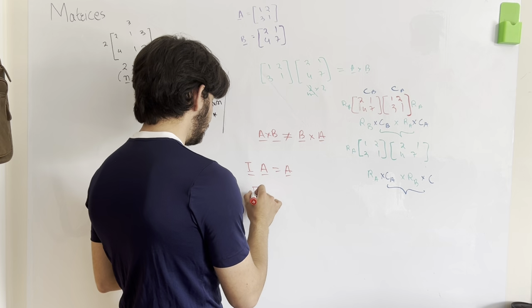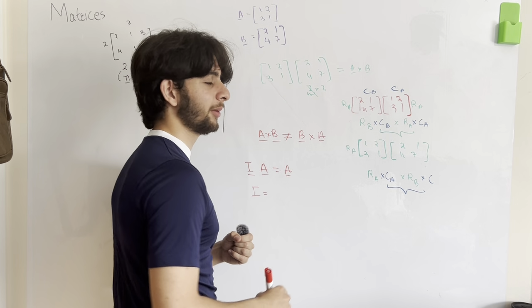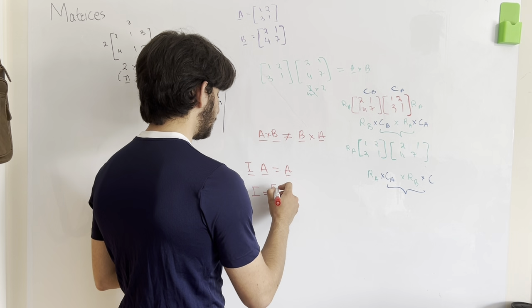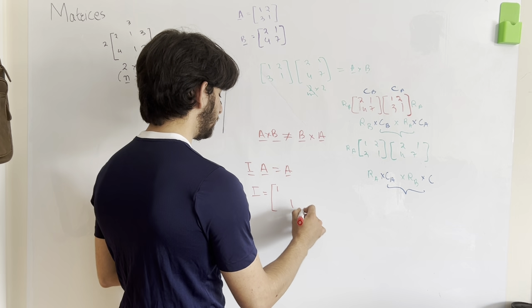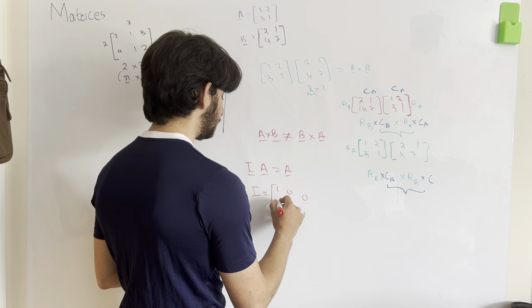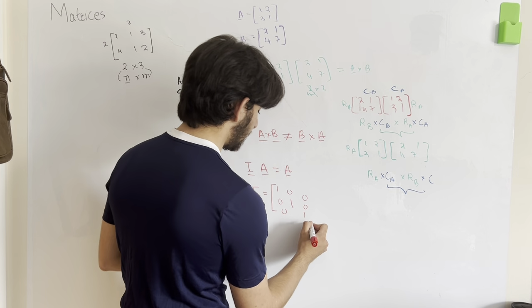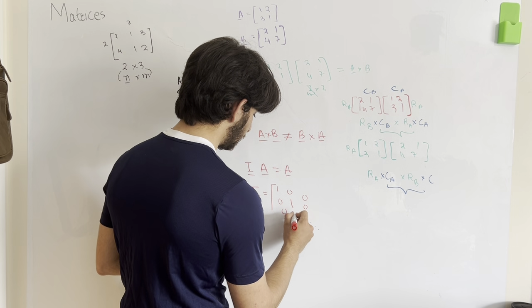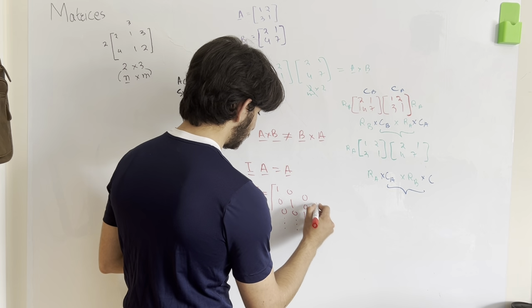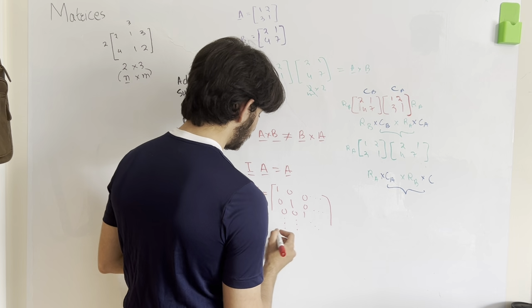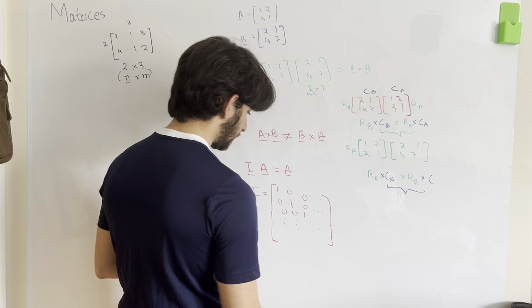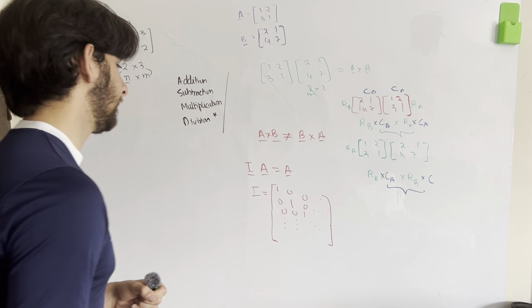And that matrix over here, if you want to find it for yourself, then pause the video now, okay? Will be this. And I'm writing this for any n-dimensional matrix. So that's what it'll look like.